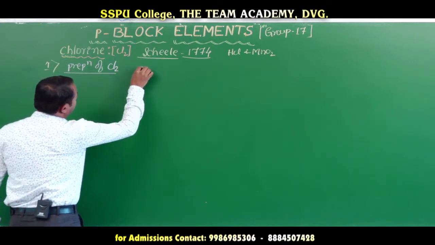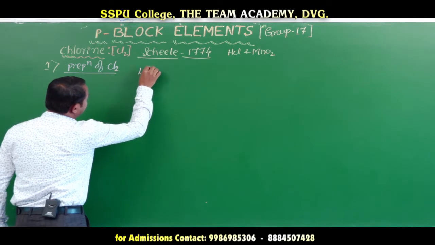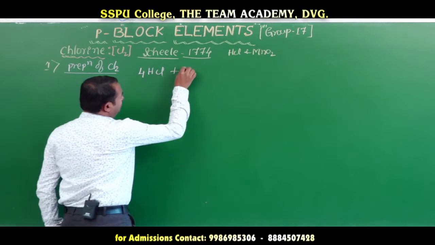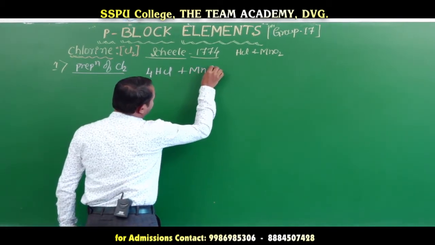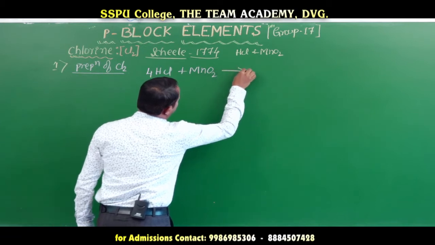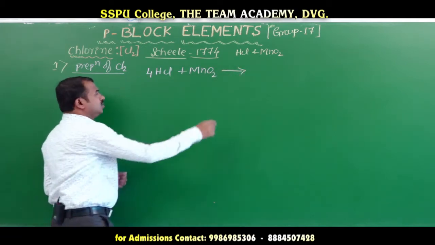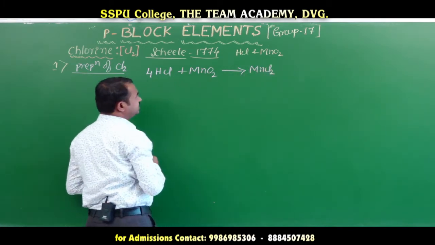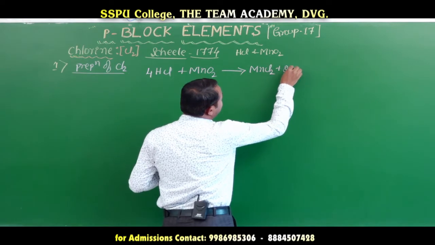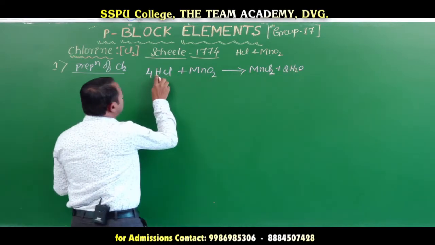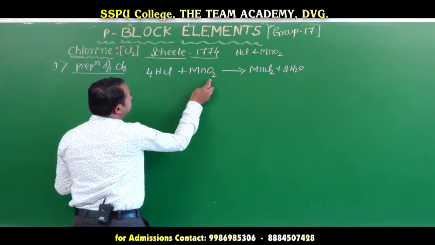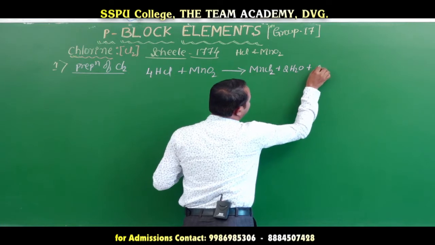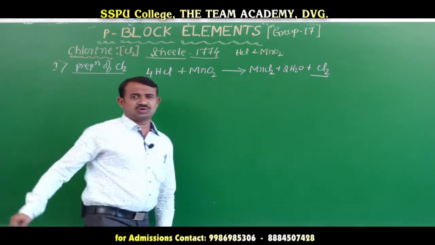When hydrochloric acid reacts with manganese dioxide, it forms manganese chloride and releases 2 molecules of water. 4 HCl: 4 hydrogen go to water, 4 Cl are here, 2 Cl go to manganese chloride, and 1 molecule of chlorine is released.